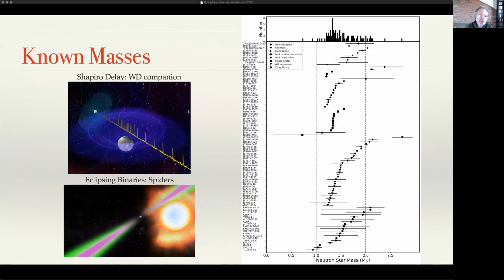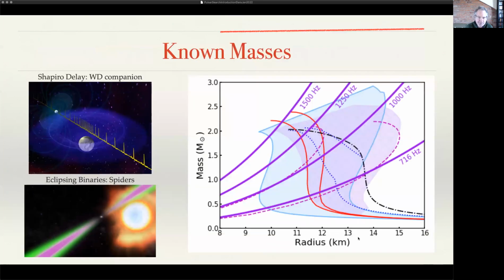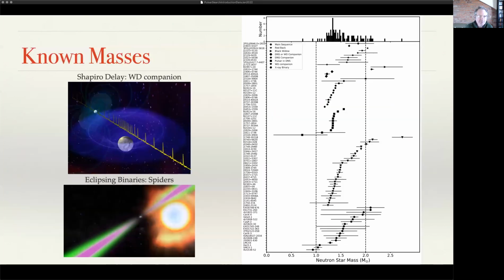And so we can measure the masses of these neutron stars. And I won't go into great detail here about how we do that. You can ask me if you're interested later on. But here is a plot showing you all of the masses of the neutron stars that are currently known. And you can see that they all pretty much lie within this range of 1 to 2 solar masses.